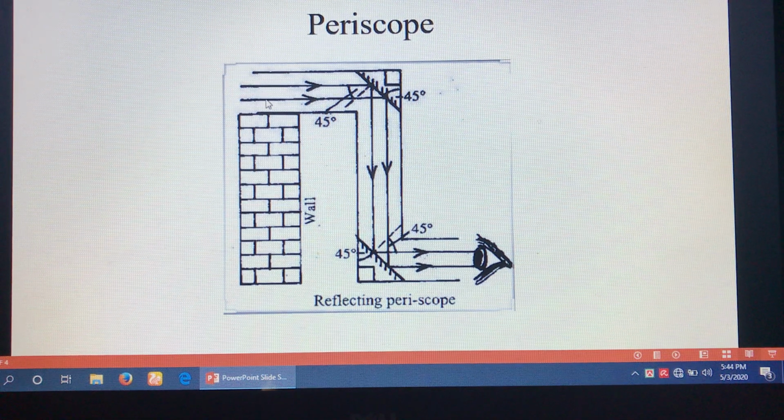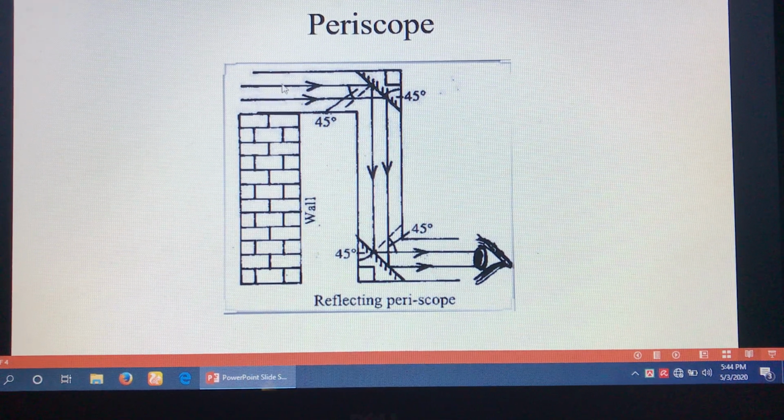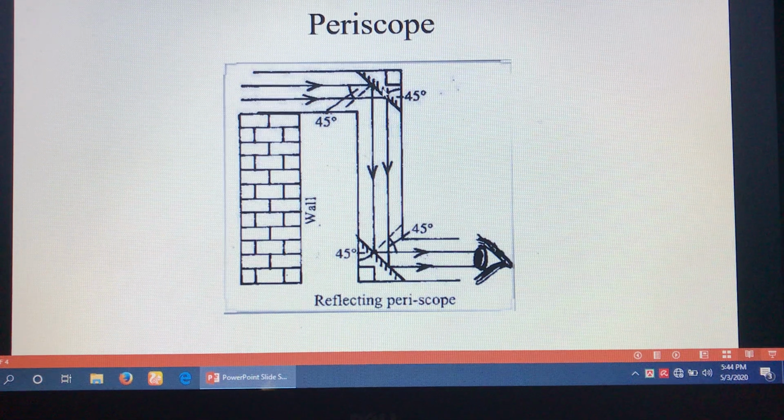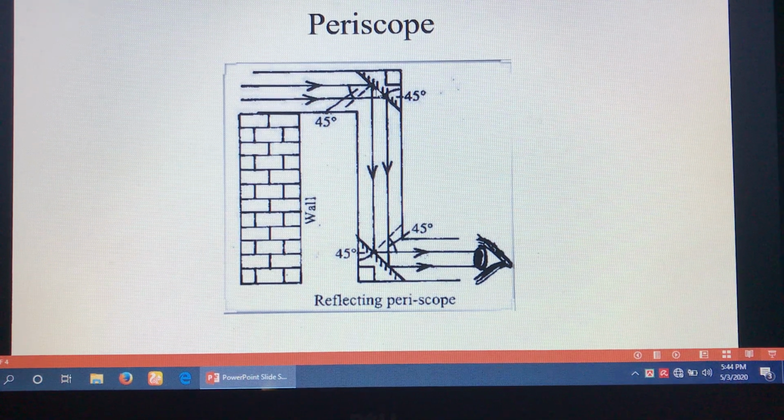This incident ray comes from the hidden object and falls on the first mirror, where the angle of incidence is 45 degrees.